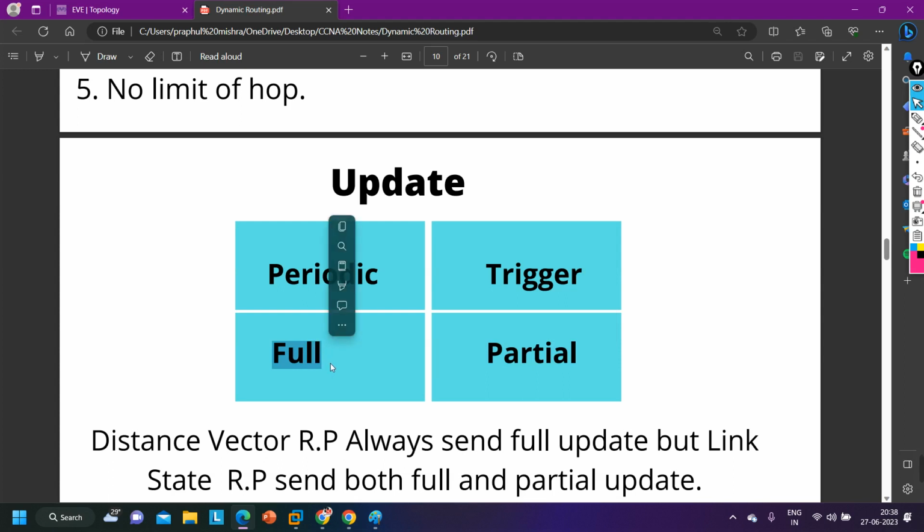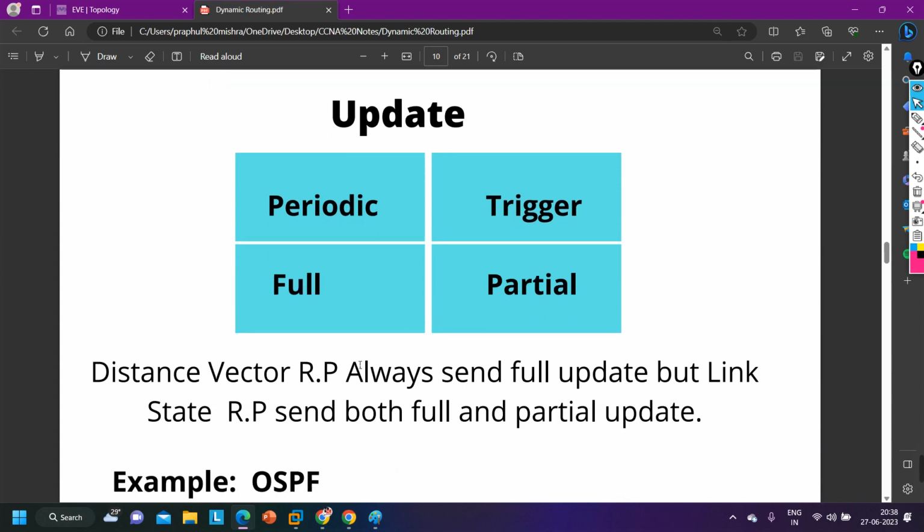Let's say a router has 10 prefixes and you add one new network there, so the total number of networks on that router is 11, right? So full update means it will include all 11 networks in the update message, and partial update means it will include only the new network in the update message. So that is partial, only changed information. Got it? Is it clear?